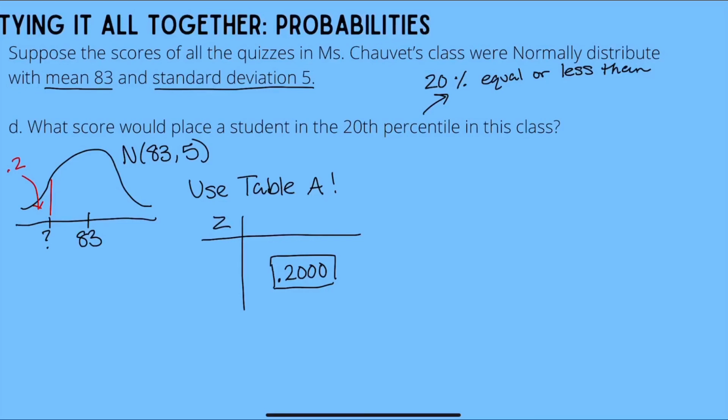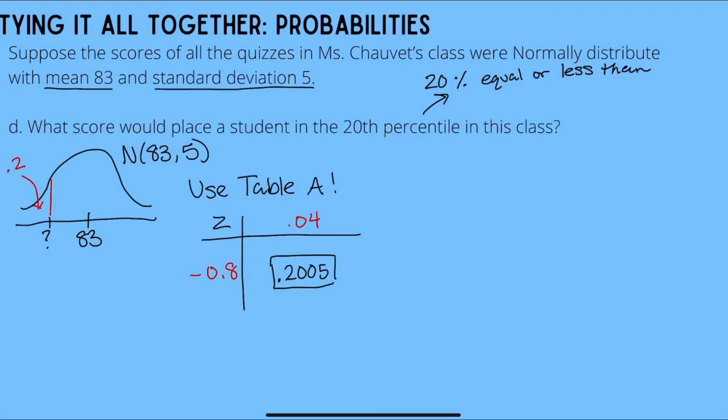If you look through table A, you would have seen that the part that matches with the correct row would be negative 0.8, and our correct column would be 0.04. And that'll actually get us a probability of not exactly 0.200, but 0.2005.